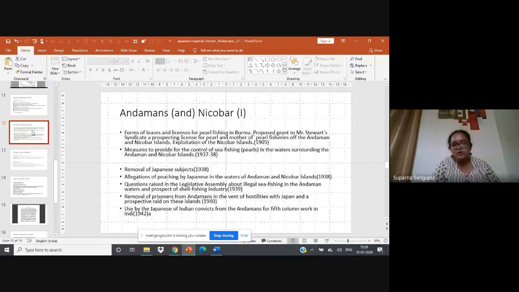And it is important to emphasize that fishing constituted an important source of revenue to the British Empire.